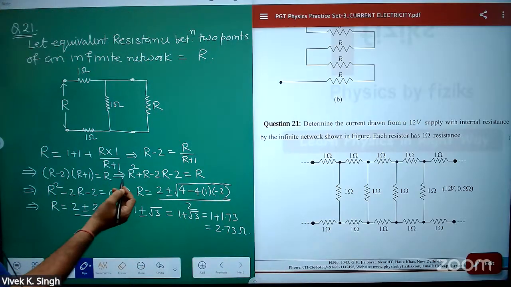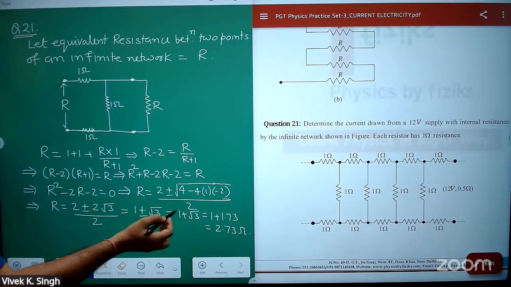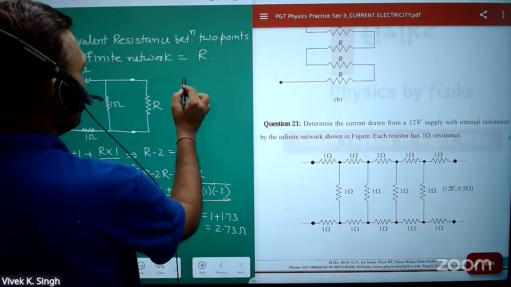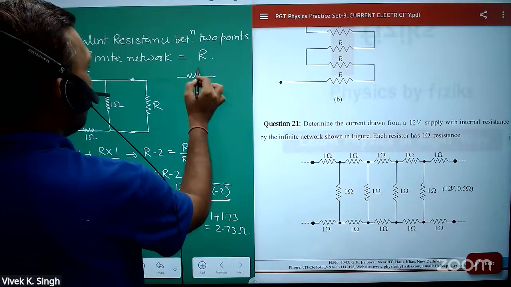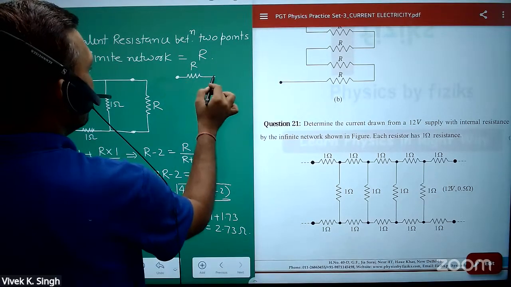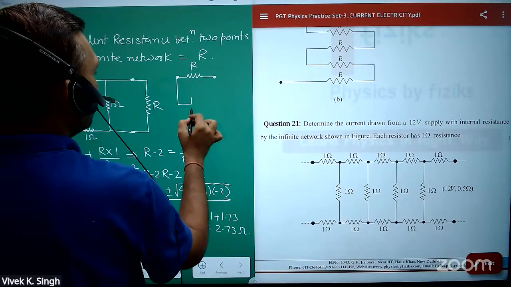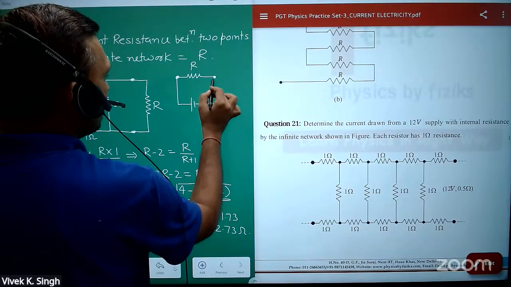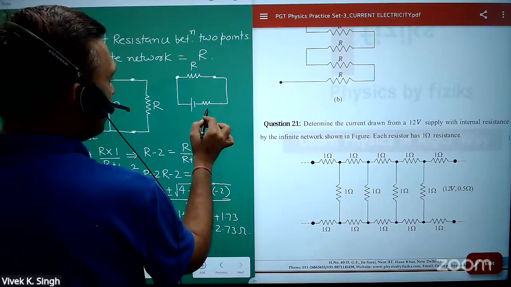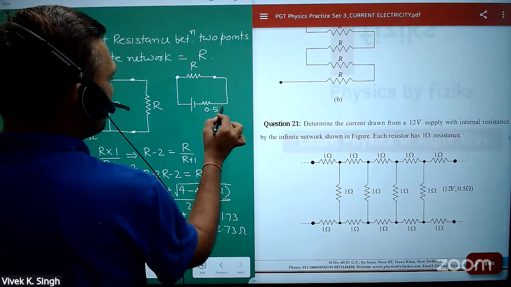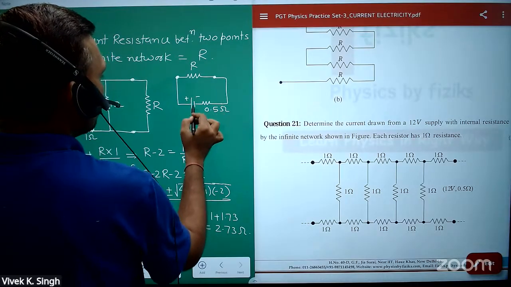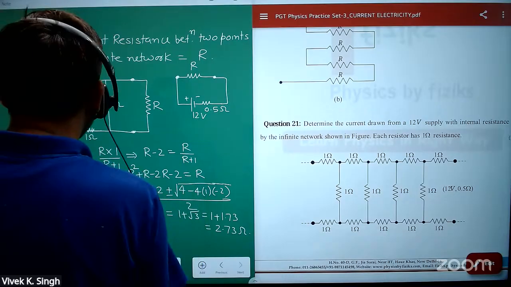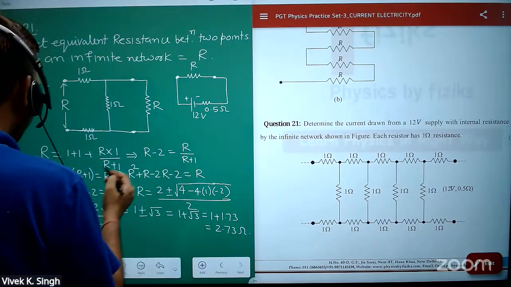Now, what will be the current drawn if there is an R equivalent resistance between these 2 points and you have applied a voltage source of 12 volt with 0.5 ohms internal resistance? So what will be current I?